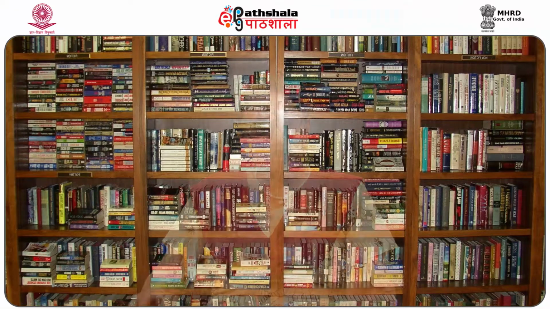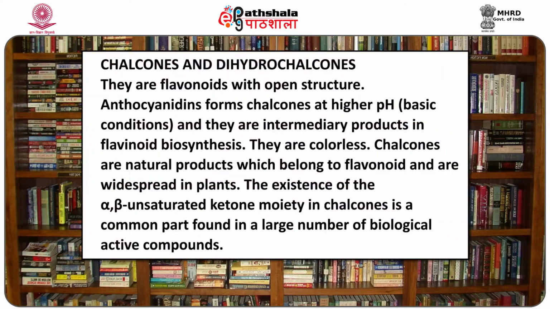Let me tell you about chalcones. Chalcones and dihydrochalcones are flavonoids with open structure. Anthocyanins form chalcones at higher pH, that is in basic conditions, and they are intermediary products in flavonoid biosynthesis. They are colorless.